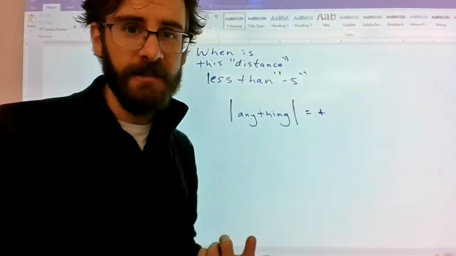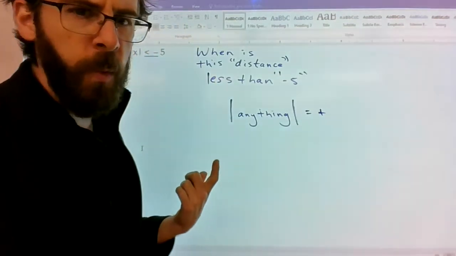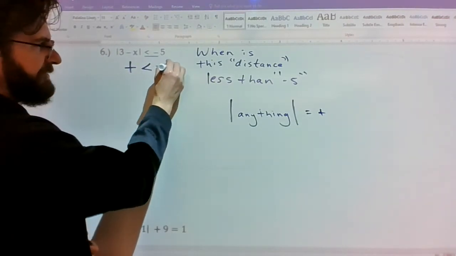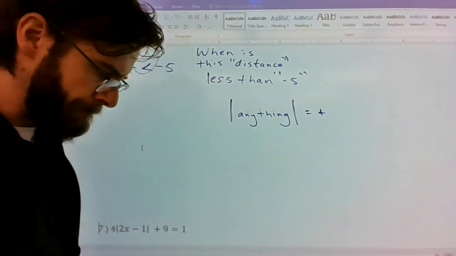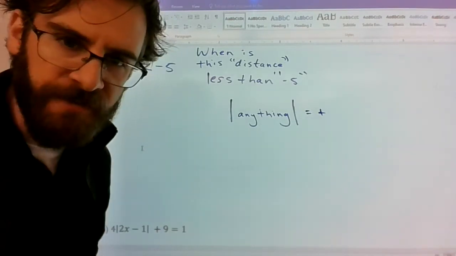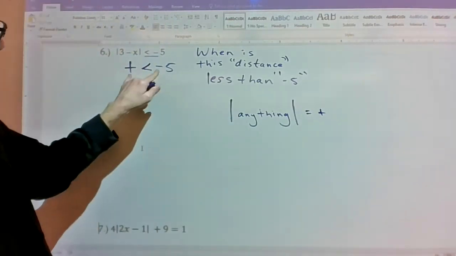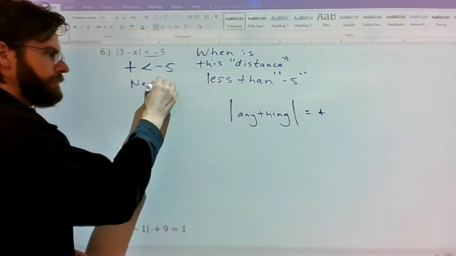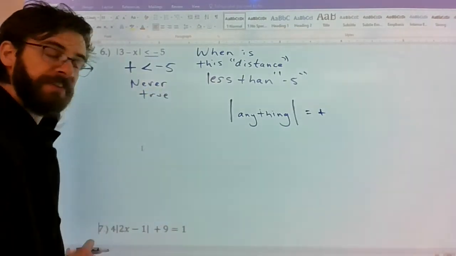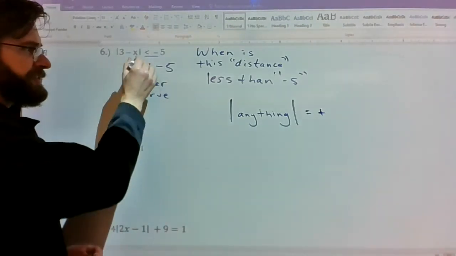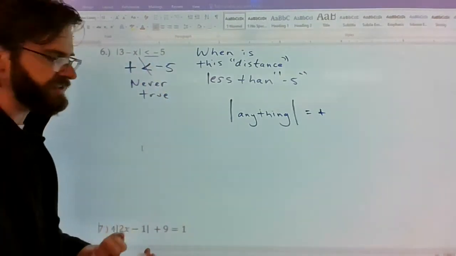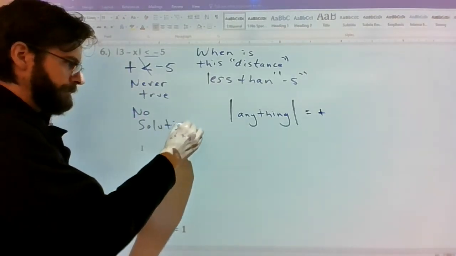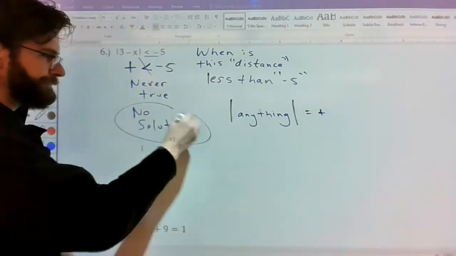That's just a fact. So, when is a positive number less than -5? Well, all positive numbers are greater than -5. This is never true. All right, so if it's never true, this is just instantly going to be a no solution situation. And you don't have to do any computing at all.